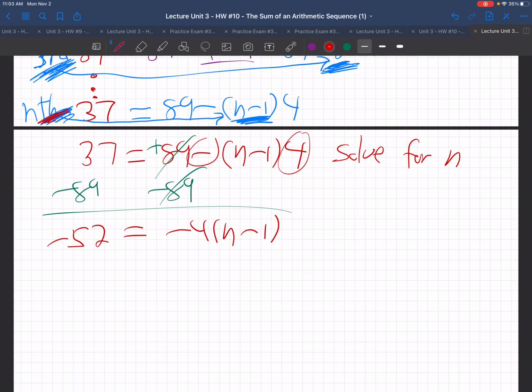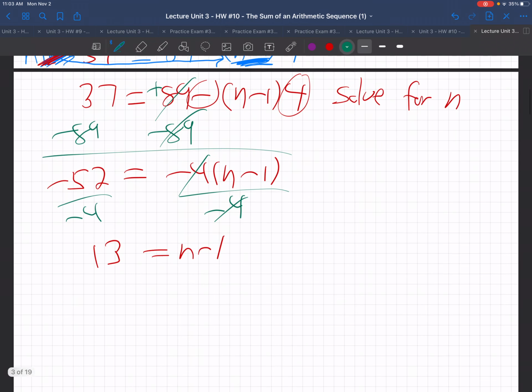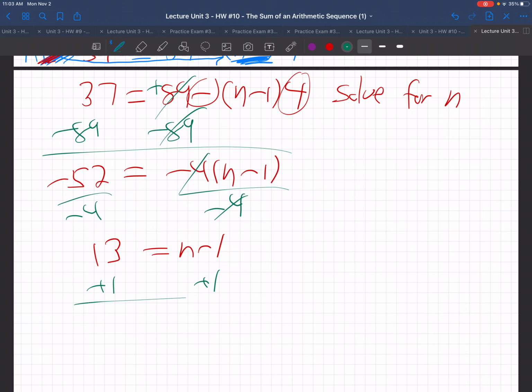So you've got to divide by minus 4 here. And that's 13, I think, right? Yeah. And then last step, add 1. Boom. And that is 14. So there's 14 terms there.